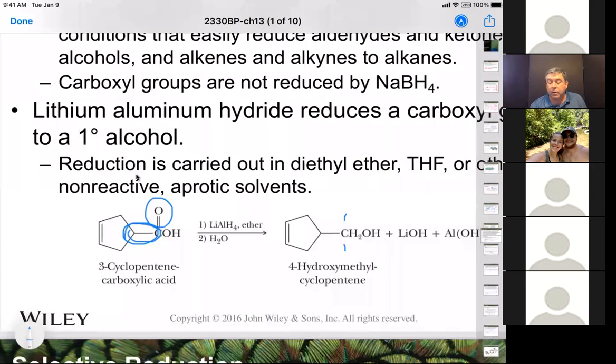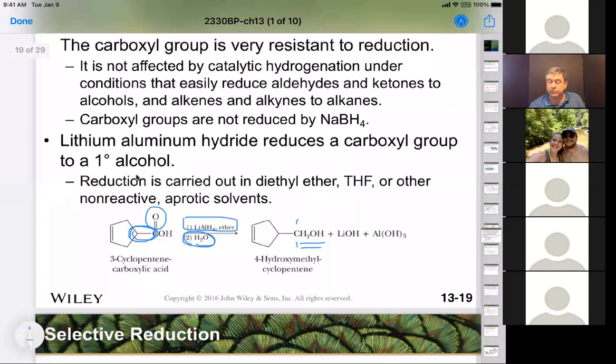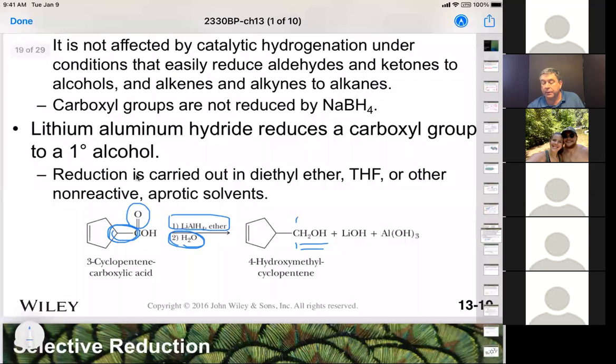And just like before, it's transferring 2 hydrides from our lithium aluminum hydride here. And then we have to break up the complex with water to give us our free alcohol. And notice here that we create a couple different hydroxides. Those hydroxides are not basic enough to deprotonate this alcohol, so we don't have to acidify.